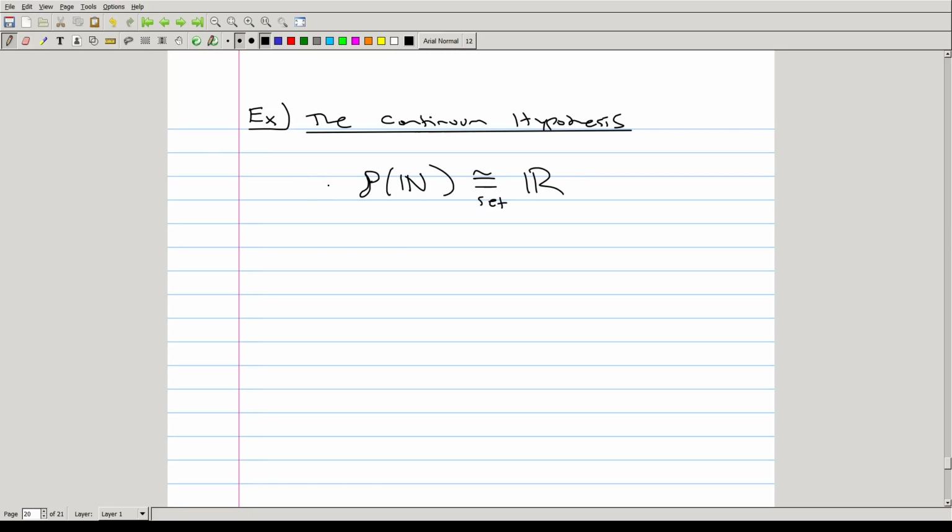And because this set is also set theoretically isomorphic to the set of all functions from the natural numbers to a binary set, we explicitly have that the cardinality of the real numbers is the same as the cardinality of 2 to the cardinality of the natural numbers.